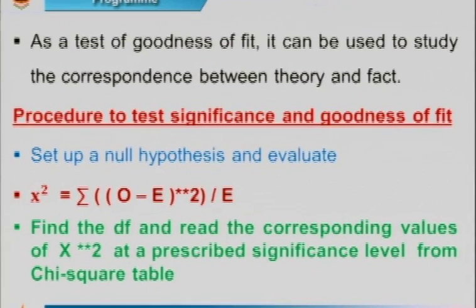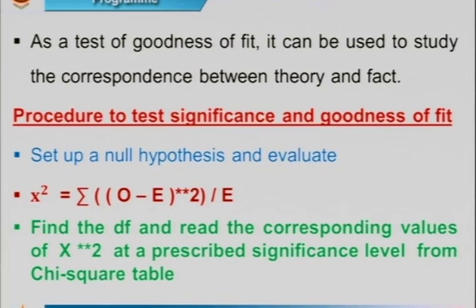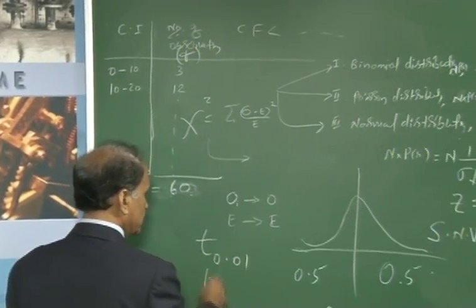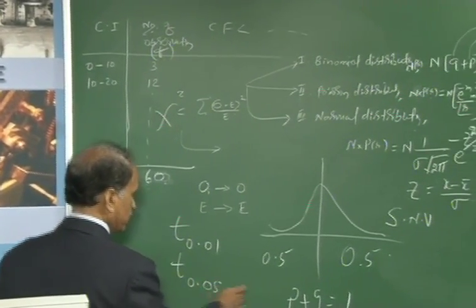You have to observe in the given data the t, at the bottom as a suffix it is given. If it is given as 0.01, then you have to read it as 1% level of significance, like this: t at 0.01 and t at 0.05.